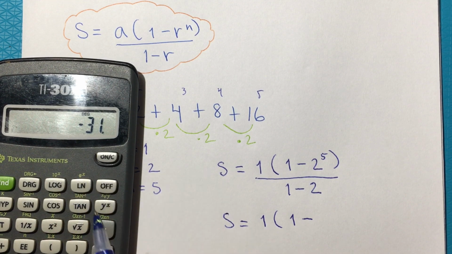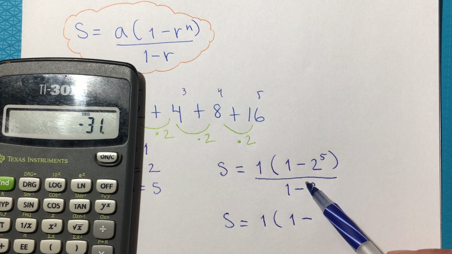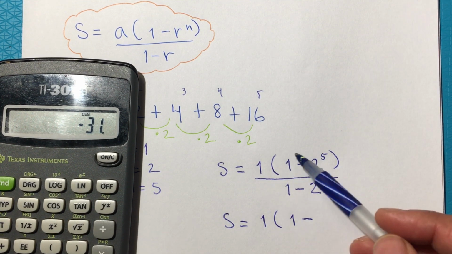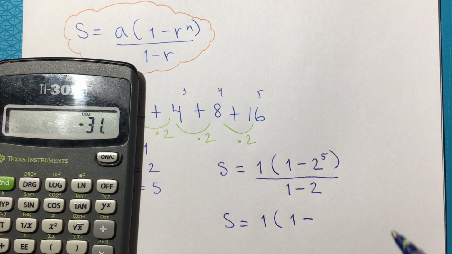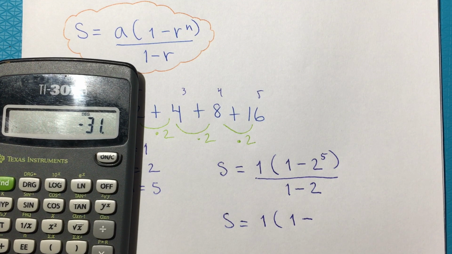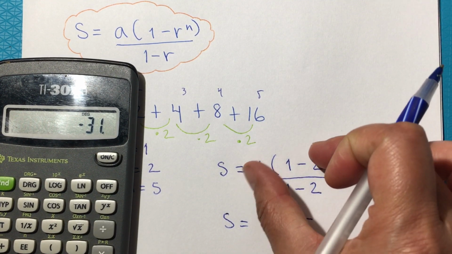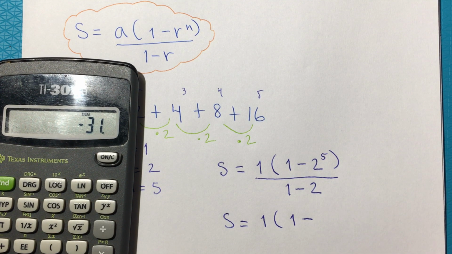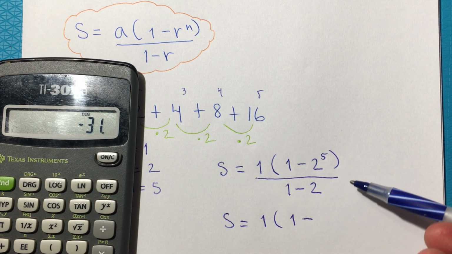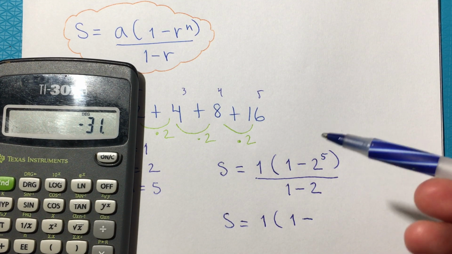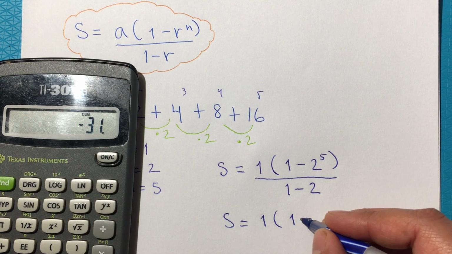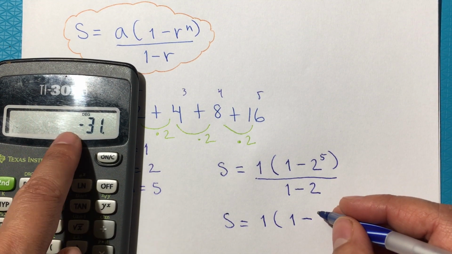If the calculator is scientific, you can do the parentheses, or you can do the whole thing if you know how to work with parentheses. I'm going to show you in a minute how to do this directly with the entire thing. Ask your teacher if you have to show every single step, or if you can just insert the whole thing in the calculator. I'll show you with this one, okay? So 1 minus 32 is negative 31.